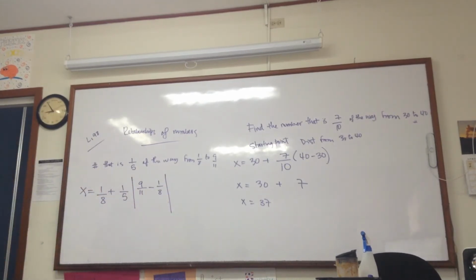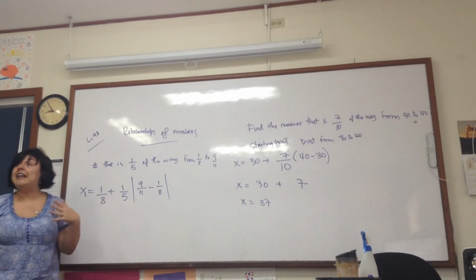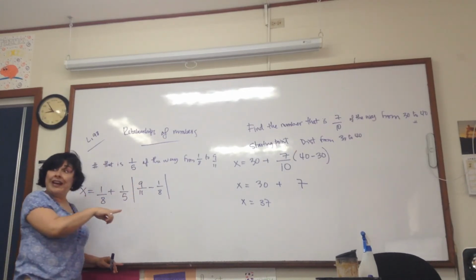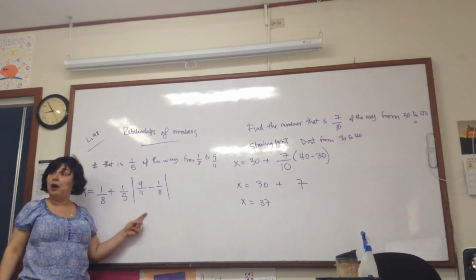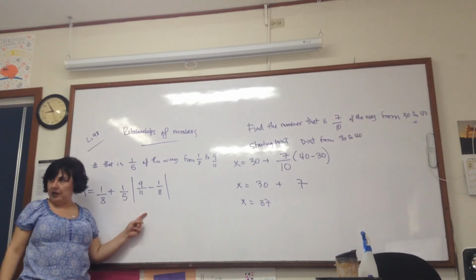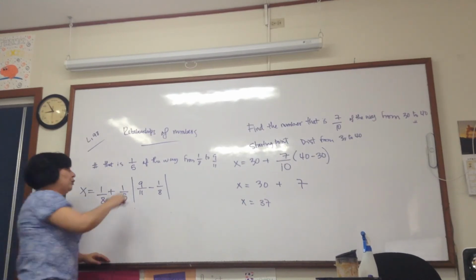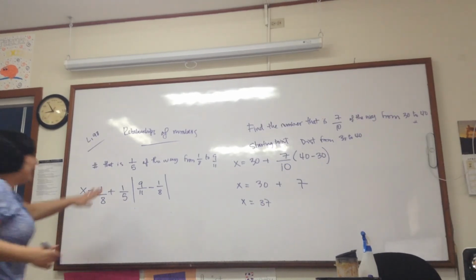My love, listen to me. It's up to you what you want to use. If you use absolute value, it gives you the freedom to put either the 9/11ths or the 1/8 first. It won't matter because absolute value makes this positive all the time. No matter what. Do you agree? If you decide not to use absolute value because it scares you, just by looking at the straight lines instead of parentheses, which you're more familiar with, that is fine.